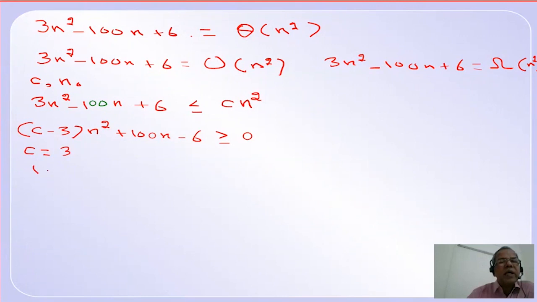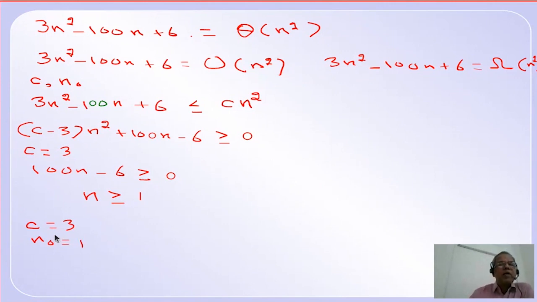What will I get? 100n minus 6 is greater than or equal to 0. For what values of n is this quantity true? This relation is true for all values of n larger than or equal to 1. Therefore, my constant c is 3 and n0 is 1. For constant c equal to 3 and for all values of n larger than or equal to 1, I have proved this.